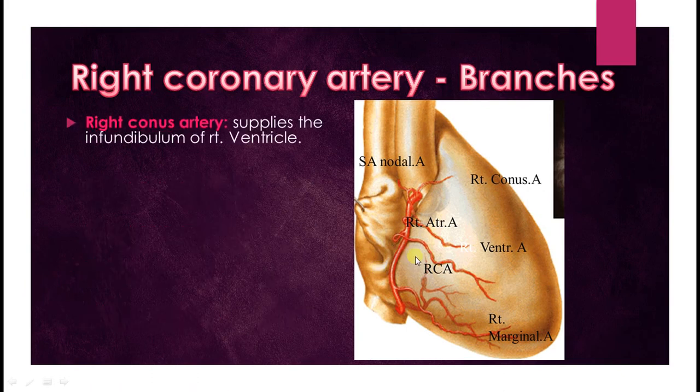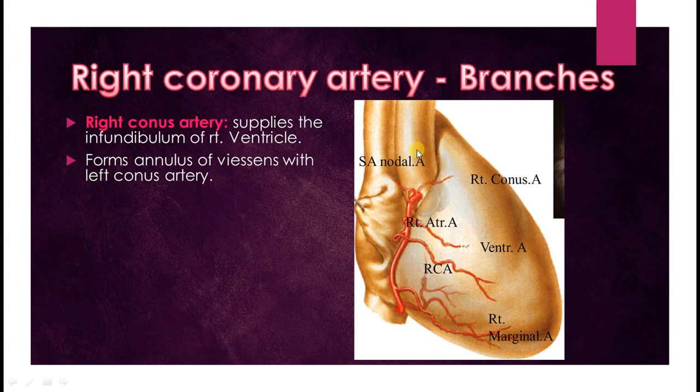The first ventricular branch is the right conus artery. The right conus artery supplies the infundibulum of the right ventricle. Sometimes the left conus artery, which is from the left coronary artery, anastomoses with the right conus artery, and that is called the annulus of Vieussens.